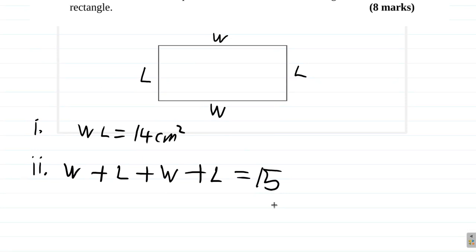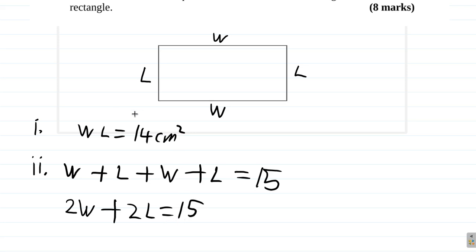So that is 15. Now, that can be simplified as W plus W, so that's 2W plus 2L equals 15.